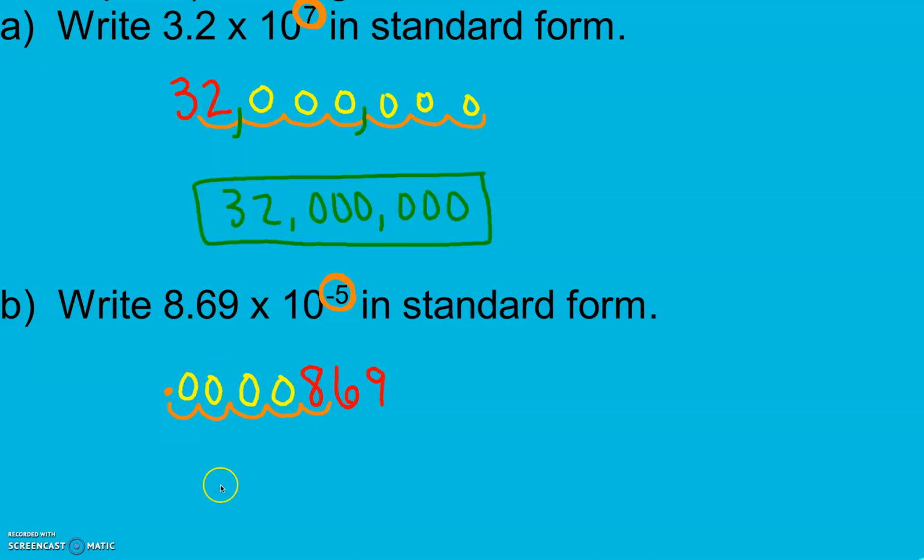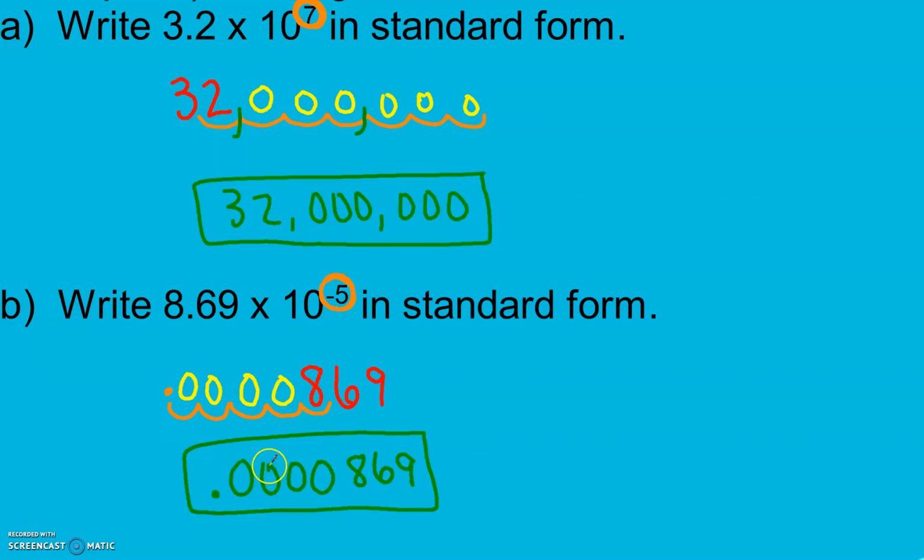So I get 0.000869. Keep in mind, it's not 5 zeros, it's 5 places. We count the one with the 8 in it as well. And remember, negative numbers give us small numbers, positive give us bigger. So that's one way to remember which way to move your decimal.